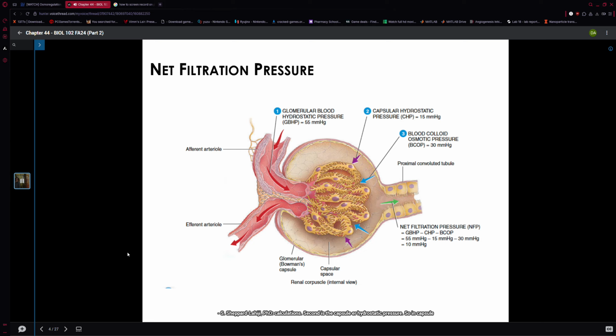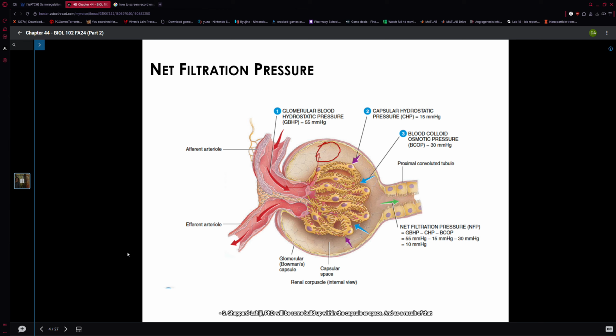Second is the capsular hydrostatic pressure. This force is going to oppose filtration because you have a bunch of blood that's rushing in and it's going to rush out and start to fill this space. But there's only so much fluid that can move into the renal tubule, so there will be some buildup within the capsular space.